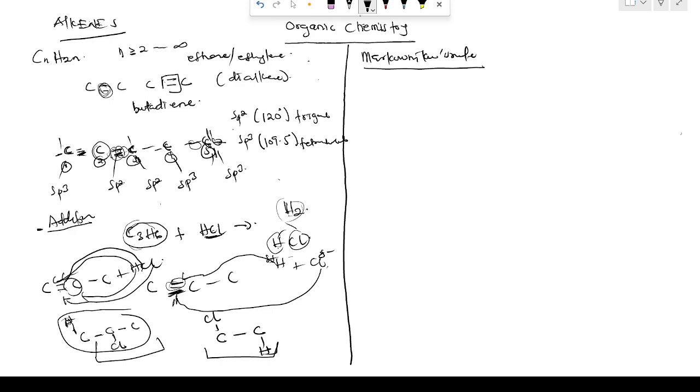Or in other terms, whenever you want to break a double bond, you add the nucleophile. The nucleophile refers to the electron-rich species, the more negative element. So we add a more negative species, the nucleophile, to the carbocation.